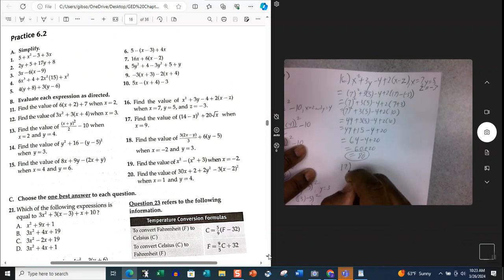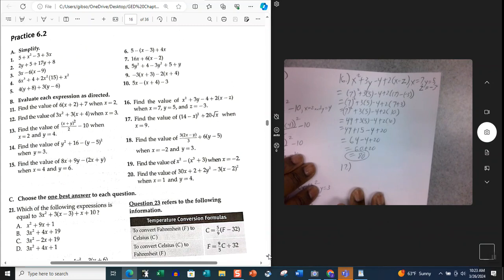All right, problem 17. Find the value of 14 minus x to the second power plus 20 times the square root of x when x is 9. So we have 14 minus 9 squared plus 20 times the square root of 9.